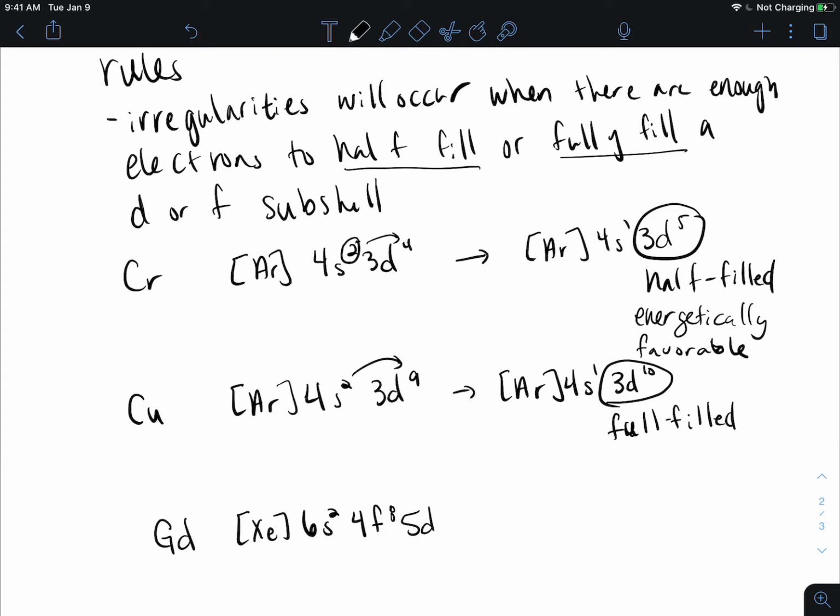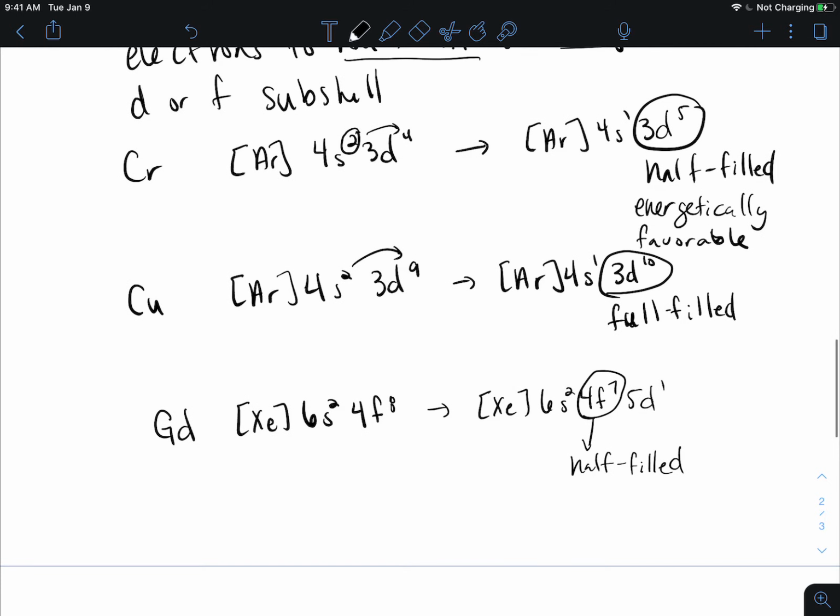But instead, what we get is [Xe] 6s2 4f7 5d1, because now, again, we have the ability to do a half-filled state. So those are our anomalous ones.